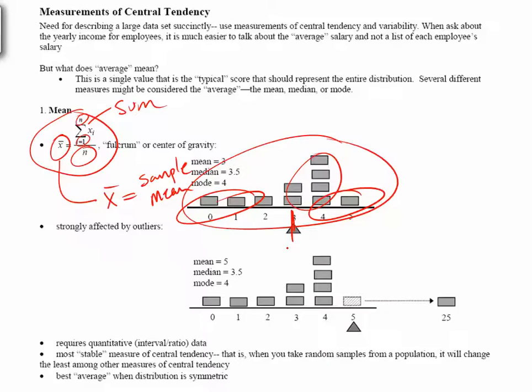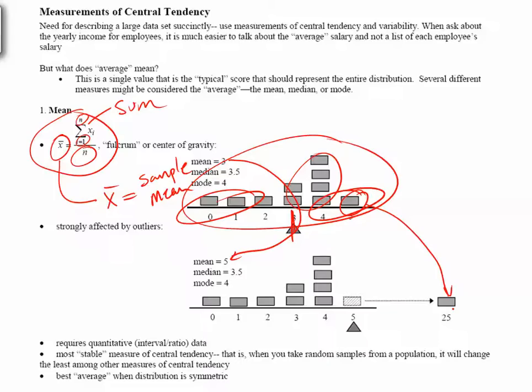What happens if one person really likes chicken? This person here isn't confined to our 5-point scale, but wants to put in a value of 25. Well, what happens to our mean? We notice that it goes from 3 to 5. It's strongly affected by just a single outcome.